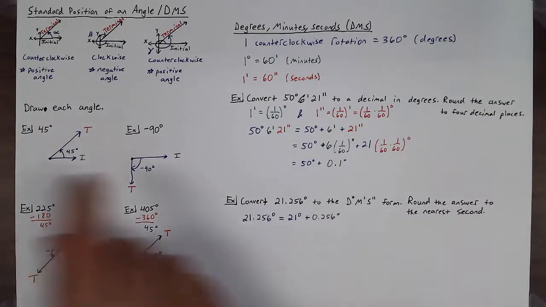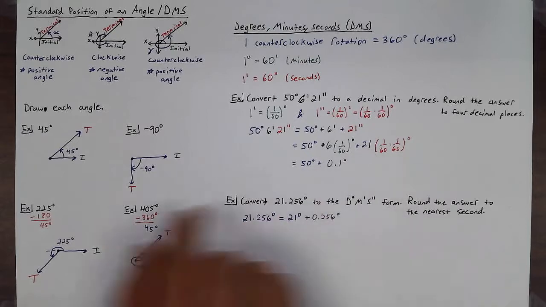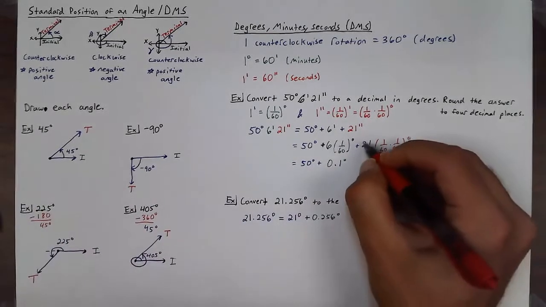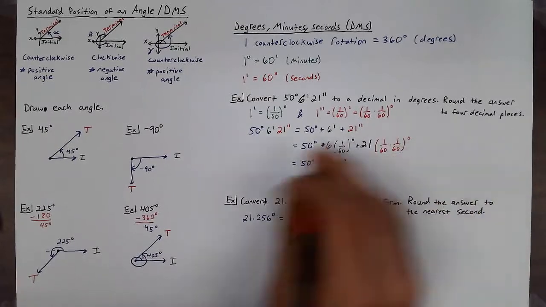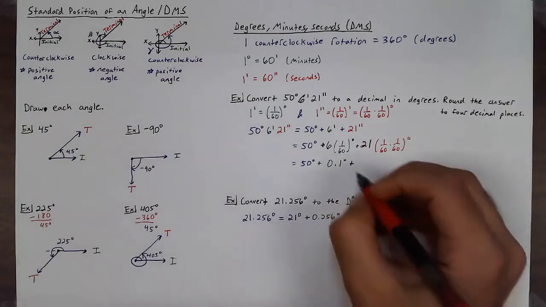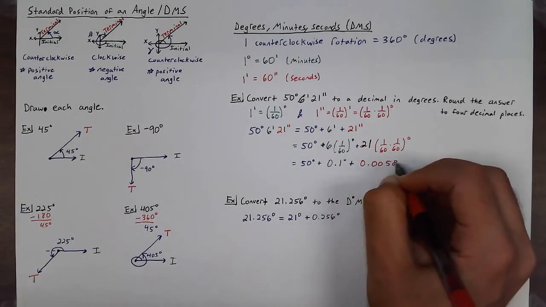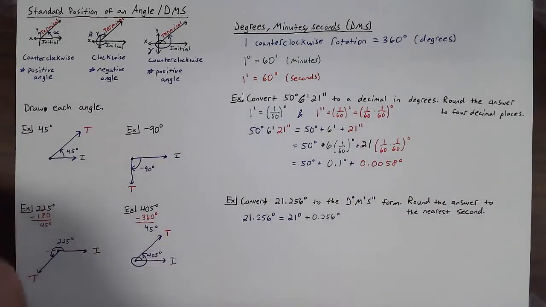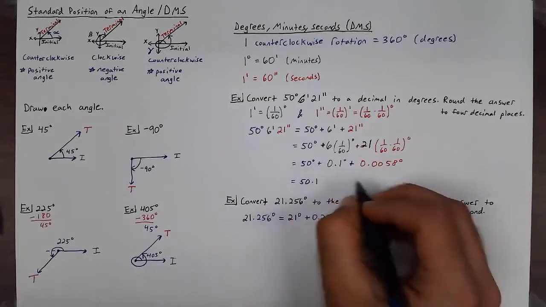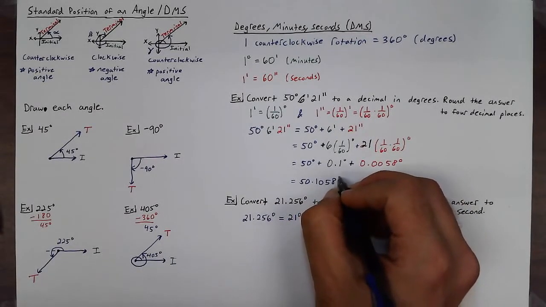And then I couldn't necessarily do a 60th of a 60th of 21 in my head, but when you plug all that in, you end up getting 0.0058 degrees. So when added all together, I get 50.1058 degrees.